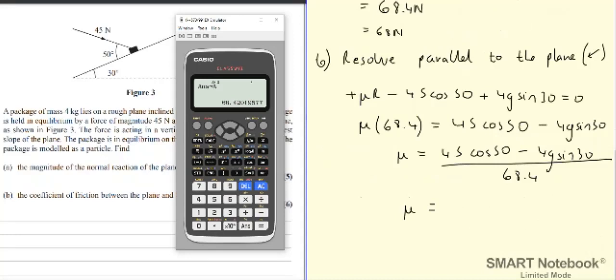And so if we work that out, we've got 45 cos 50 minus 4 times 9.8 times sine 30 over the answer that I just had. And we get 0.136, which we are going to round to 2 significant figures, 0.14.